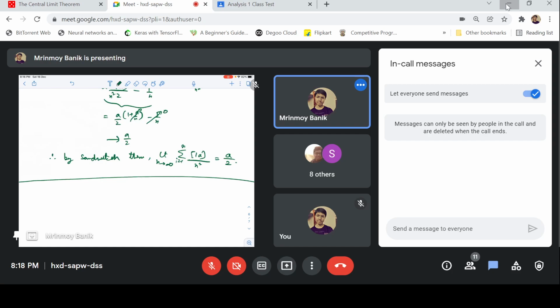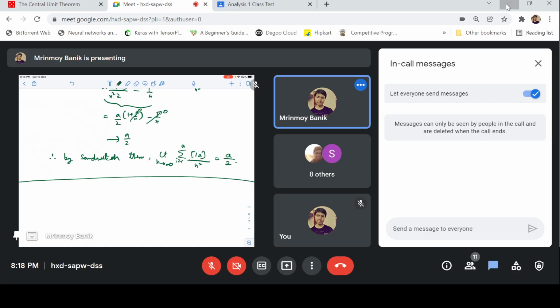Yet here f of yn is not tending to f of a, right? So that's a contradiction. So that proves 2 implies 1. So 1 implies 2 and 2 implies 1, therefore 1 and 2 are equivalent.